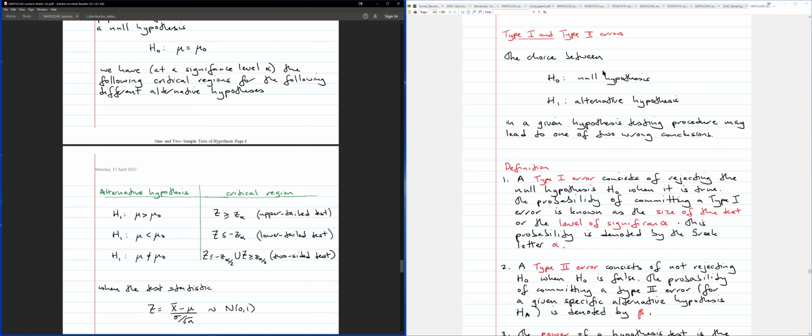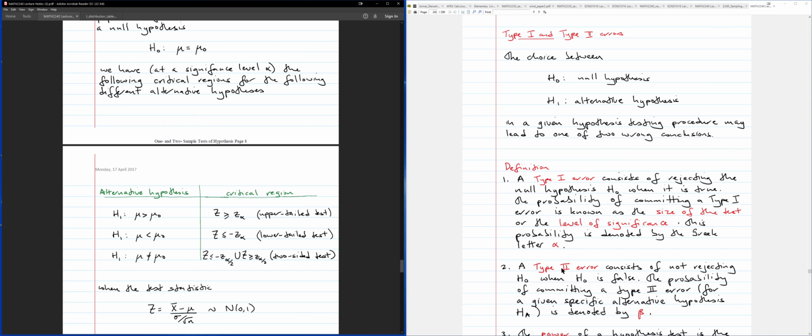We'd be interested in calculating probability of type 1 errors, right? Alright, so your probability of committing a type 1 error, right, is called the size of the test or level of significance, and you denote your probability as alpha, right?